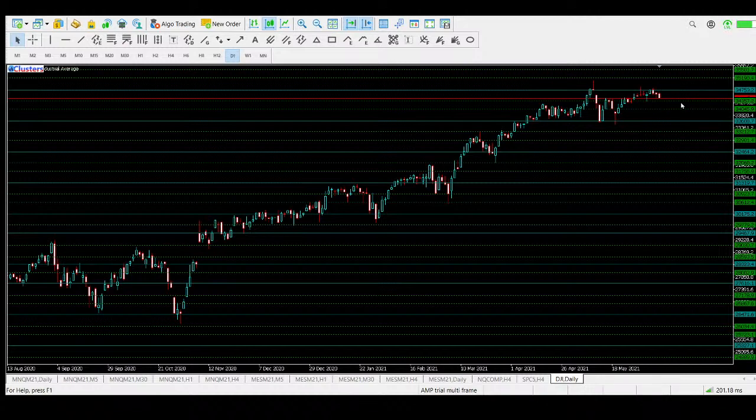Now we're looking at 34,357 or 34,358. 34,358 is the next support level. Below that is around 34,045, and the major level is around 33,608, which is predicted by this software.